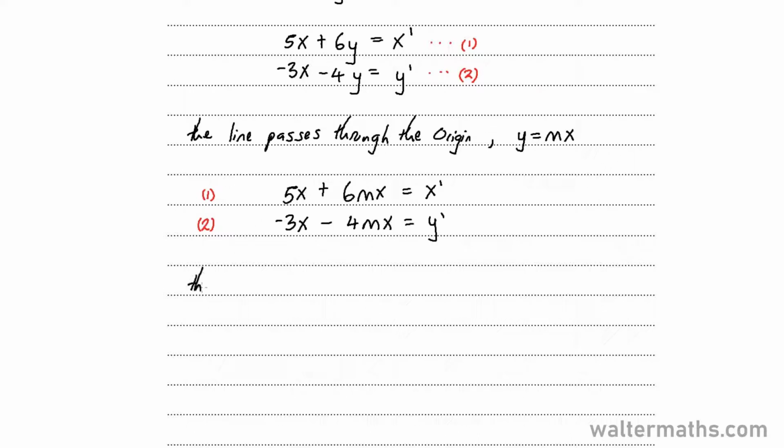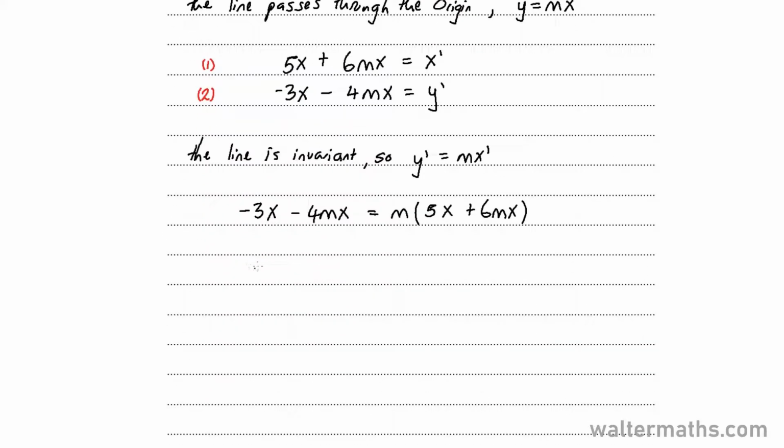So I'm going to say the line is invariant, so y' should be equal to mx'. So if we're saying y' is equal to m of x', then we can use -3x - 4mx for y', and it's equal to m of x', and for x' we're going to have 5x + 6mx.